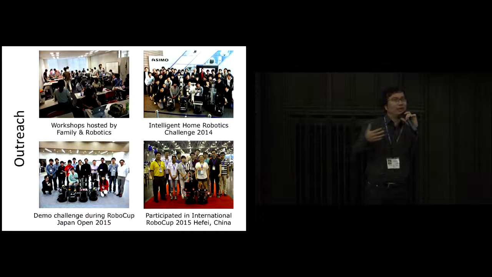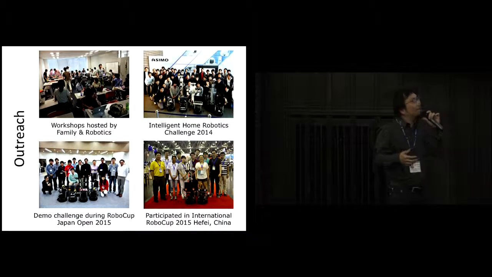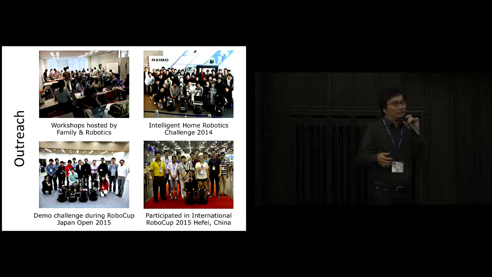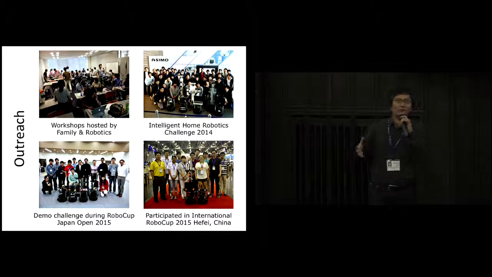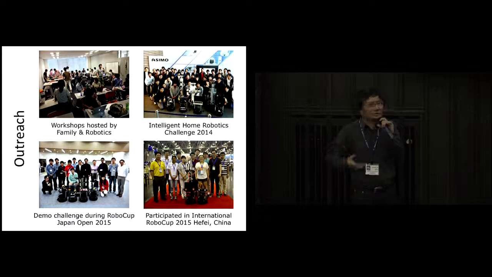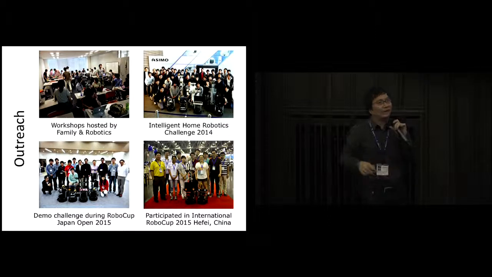We show ROS and also Turtlebot to all the non-technical persons, and they can catch up very fast. And also under RSJ, the Robotics Society of Japan, we host some symposium. You can see the Intelligent Home Robotics Challenge. That is a symposium where we discuss this matter, and also we have a very lightweight competition. You can see the small Turtlebot is actually competing with the big guy over there.